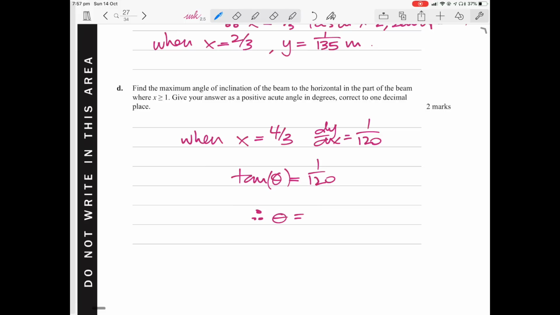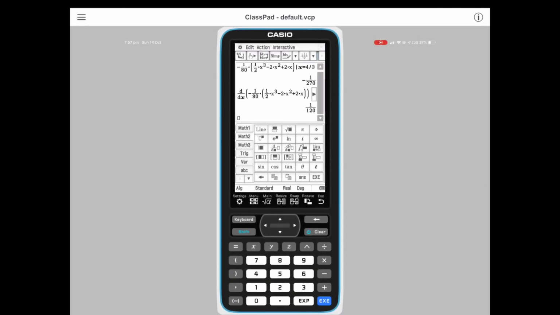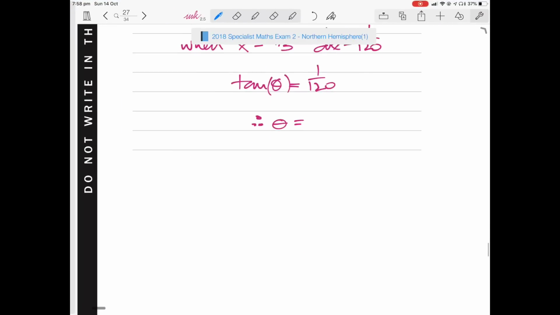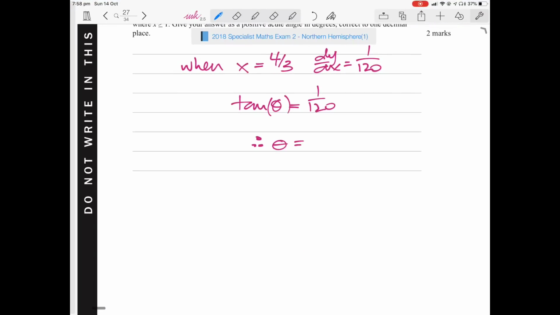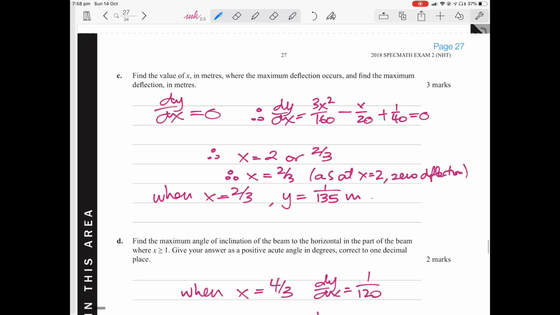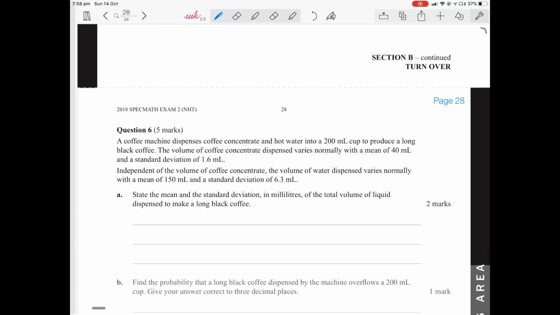Therefore, theta is equal to tan inverse of that. Just give me the answer. Half a degree. Correct to 1 decimal place, so 0.47, so 0.5 degrees, which makes sense, it's small.